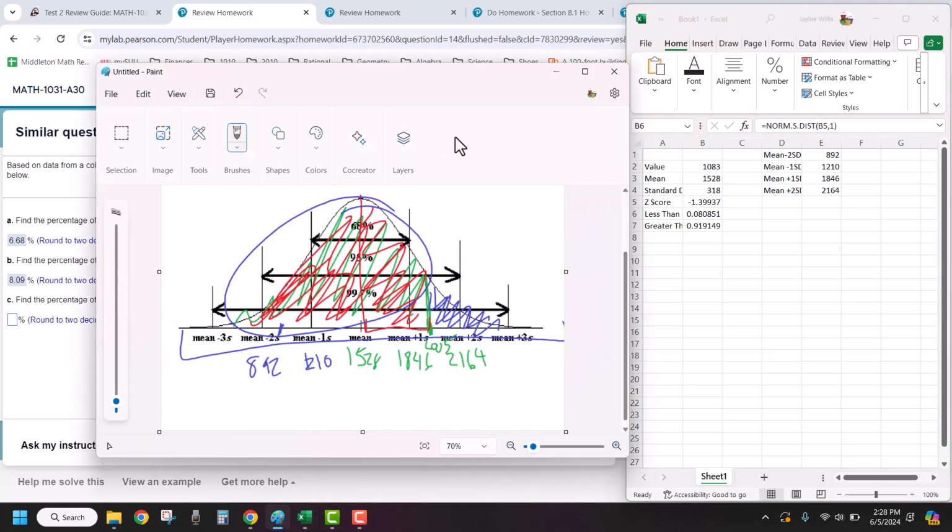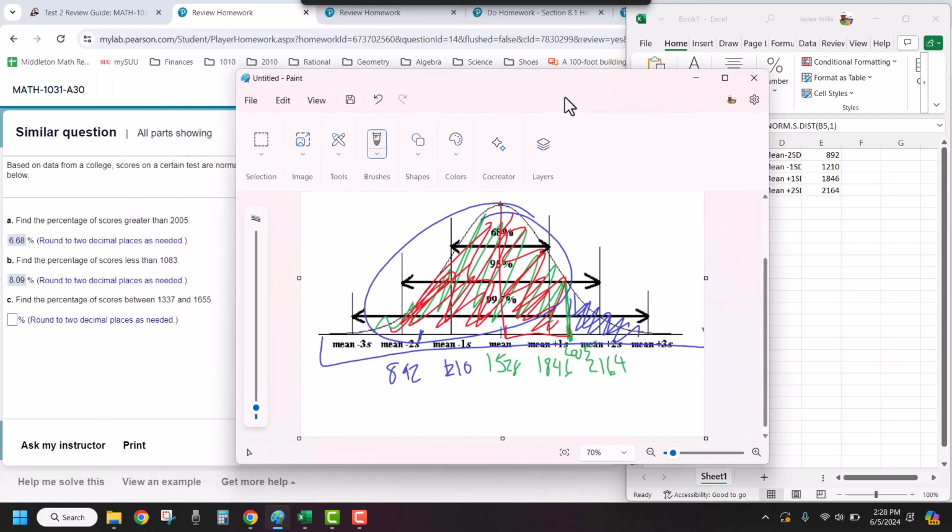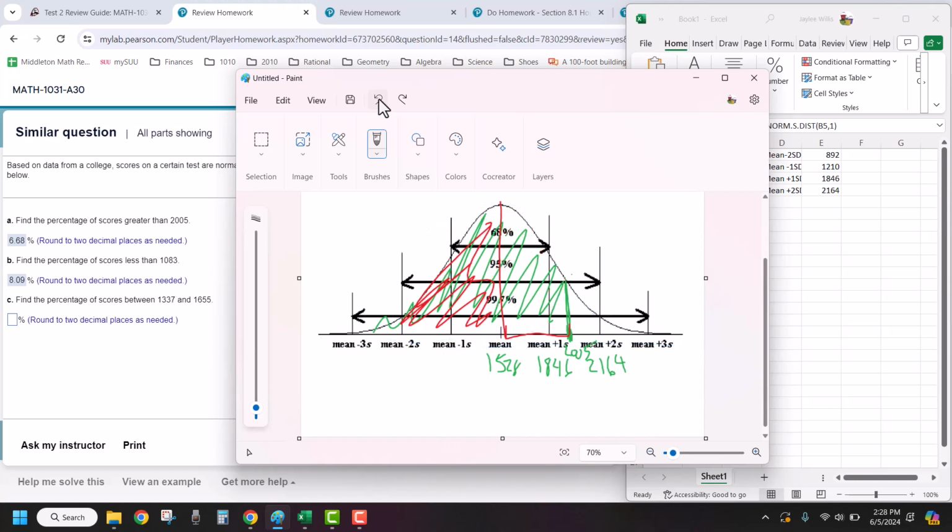So if I go back to my diagram here, and it's getting very colorful, so maybe I will clear all of this really quick just to make it a little bit more visually appealing. And then I'll go back and put in these other numbers I calculated. So 1,210 is 1 standard deviation below, and 892 is 2 standard deviations below.